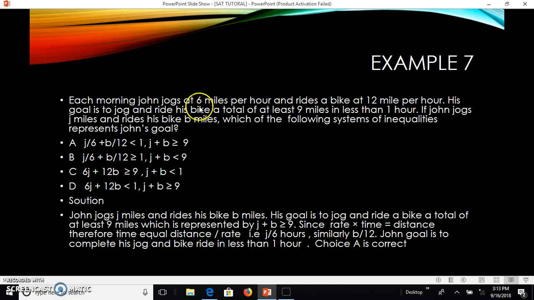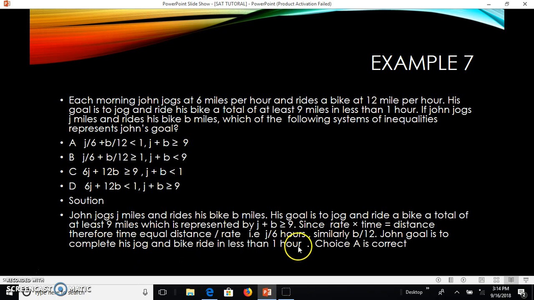They give us the rate here, 6 miles per hour. So distance over rate gives us the time. Similarly, B over 12, same thing. B is the miles, 12 is the rate. So this represents completing his jog and bike.